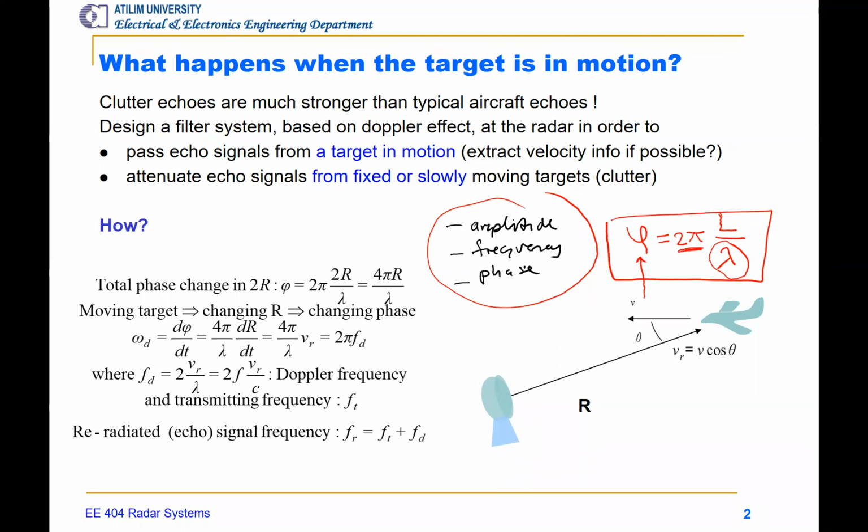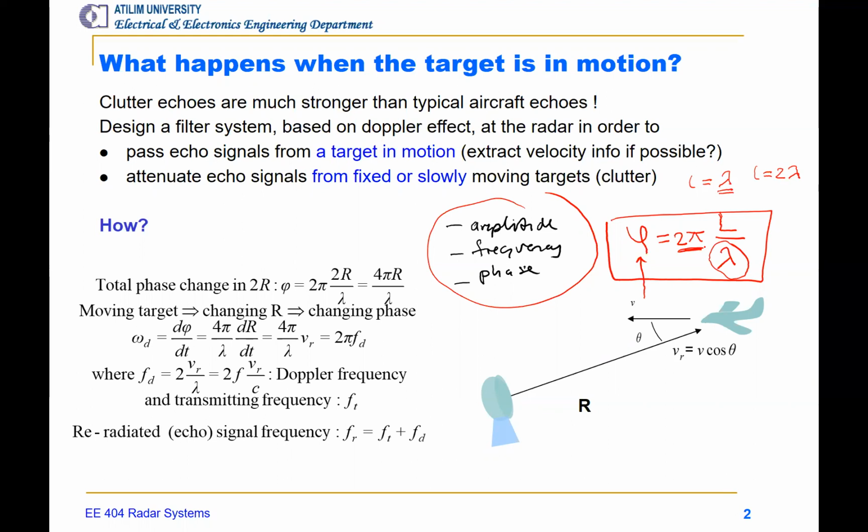So if we take L as lambda, 1 lambda, then the phase is going to be 2 pi. When we take L, 2 lambda, so the electromagnetic wave travels 1 more lambda, and then the phase will be 4 pi. So it progresses linearly with the distance.